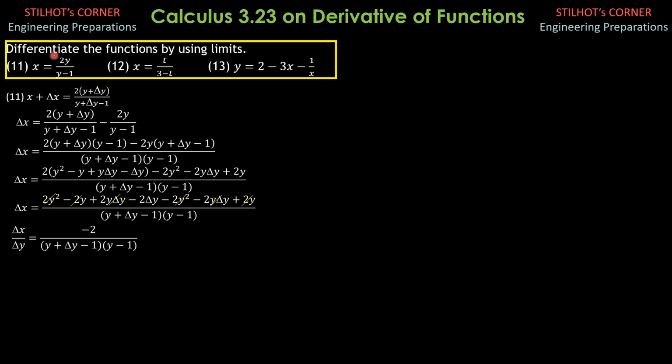So the derivative of x with respect to y is the limit of this ratio as delta y approaches 0. So dx/dy equals negative 2 over y minus 1 times y minus 1. So dx/dy therefore is negative 2 over quantity y minus 1 squared. So that's it for this problem.